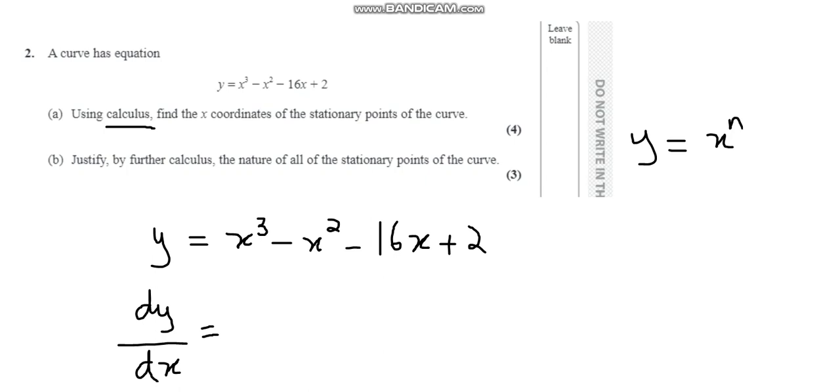To differentiate this, you take the power, which is n here, and multiply it with the number before x, which is 1, because we don't particularly write it. So n is multiplied with 1, which is n itself, and we keep our x, and the power decreases by 1. That's our formula for differentiating.